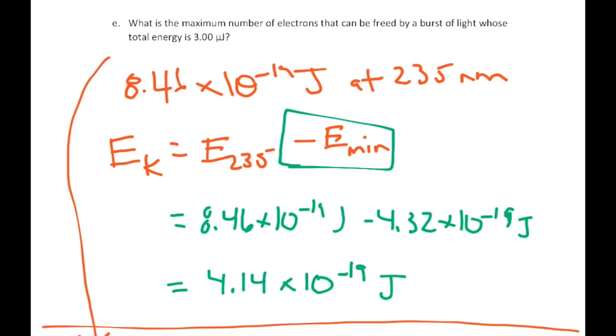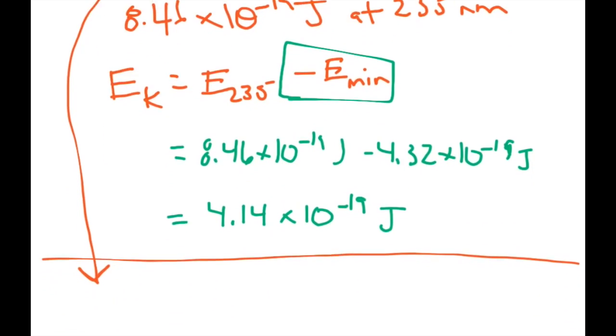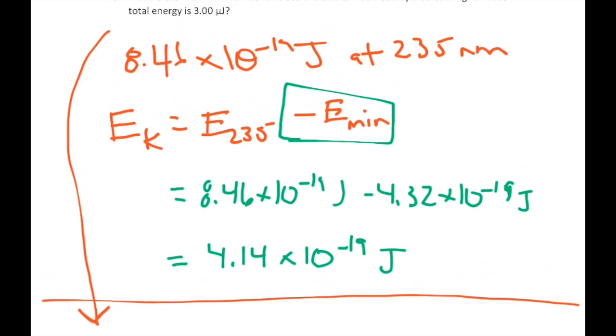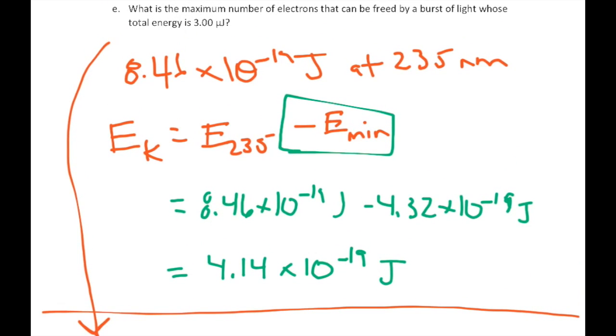Okay, so remember that 1 electron is emitted per photon. So we need to calculate the number of 235 nanometer photons in this amount of energy. The excess energy in each photon will become the kinetic energy of the electron.